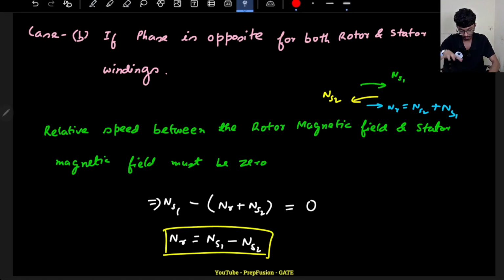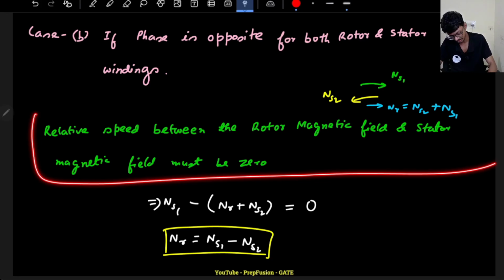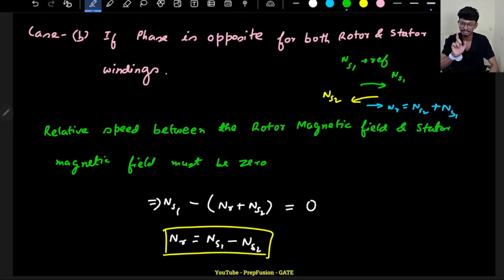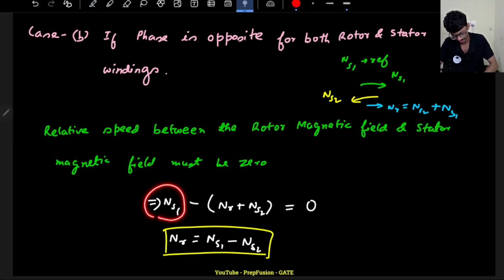Okay, now I will prove it. In the opposite case, what will happen to the relative speed? This same condition must be satisfied. This time, what do I know? That nr is moving in the opposite direction to ns2. If I take ns1 as the reference direction, that means it is positive, so I have written ns1 positive.